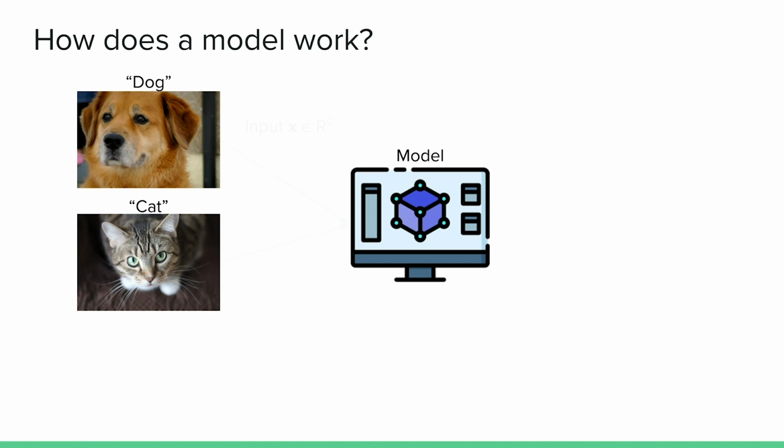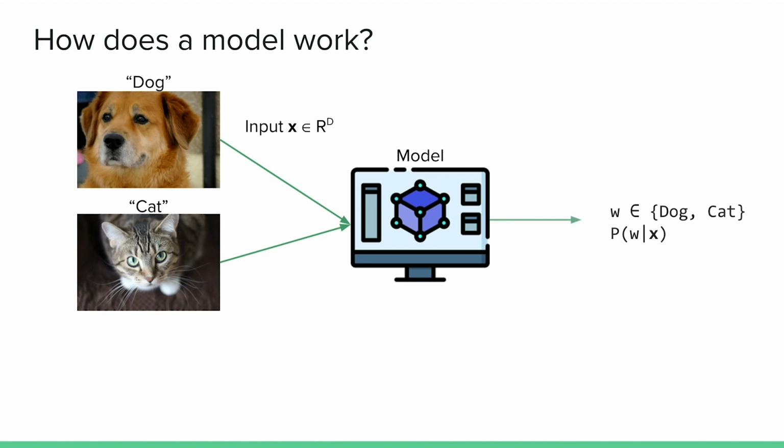Now what we do is we take that input, which we can represent as a vector or as a matrix. If we talk about colored images, we typically talk about a three-dimensional space where we have X, Y, and the color channel information for our images. And then we feed this into our model, which is then asked to produce a certain prediction, some output. In this case, it can say whether it thinks it's a cat or whether it's a dog.